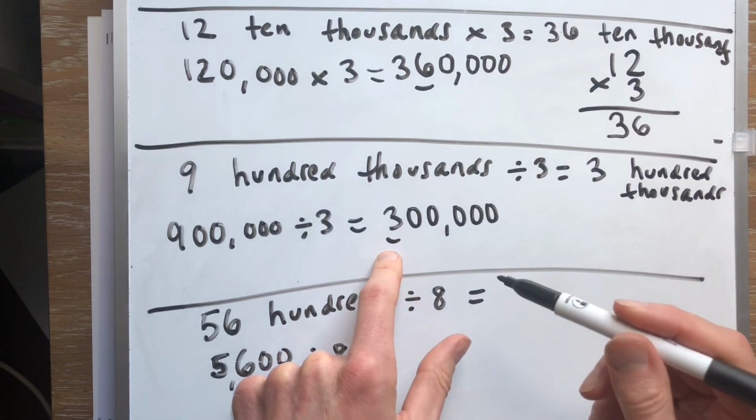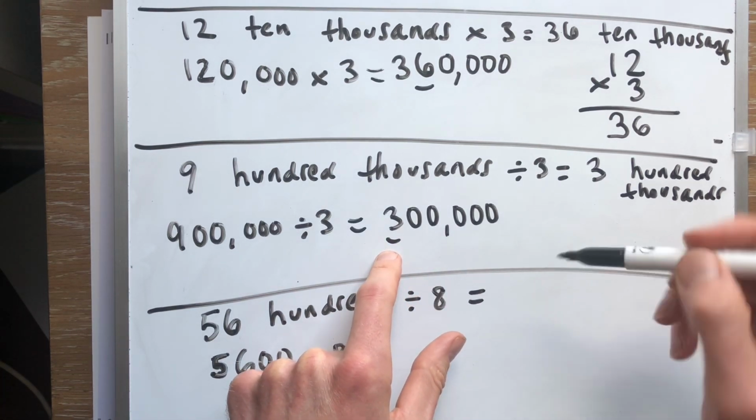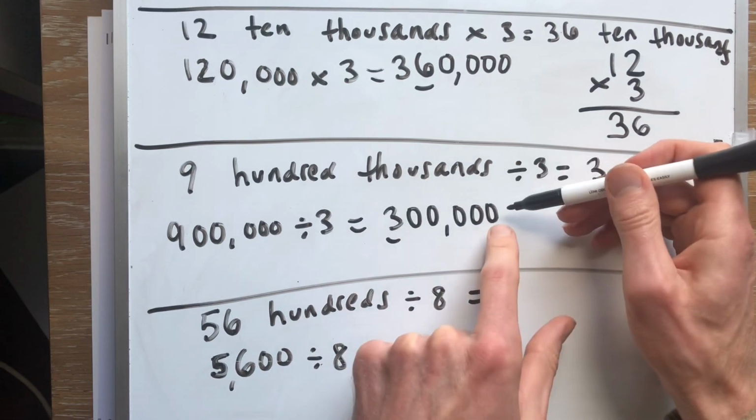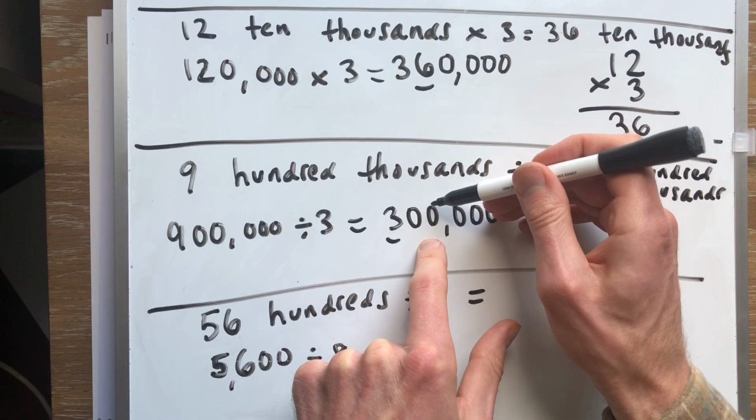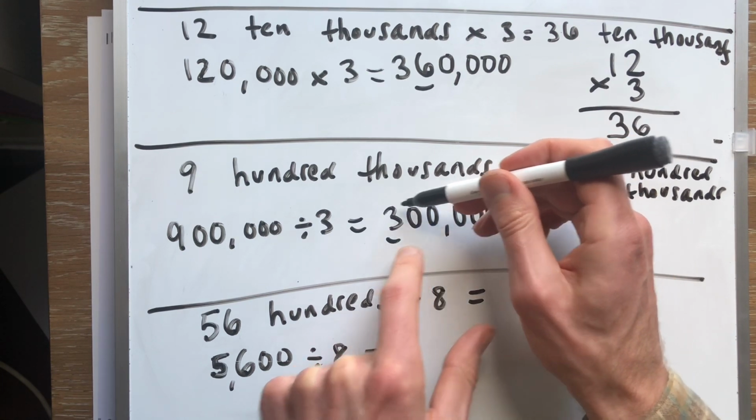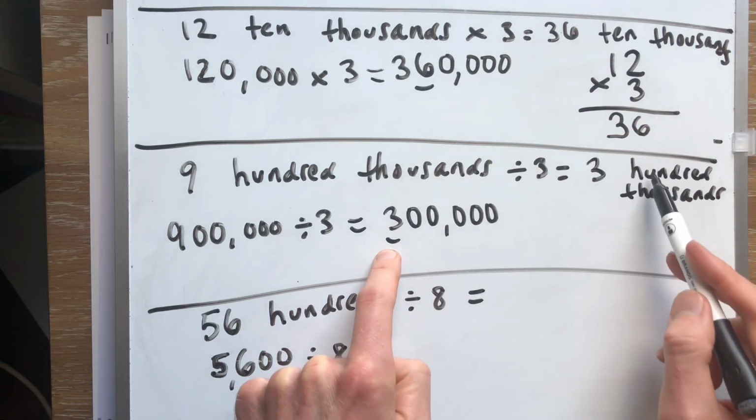And if you want to check your work, which you always do, you go back the other way: 1 spot, 10 spot, 100 spot, 1,000 spot, 10,000 spot, 100,000 spot. And that's what we're talking about, right? Yeah, 300,000.